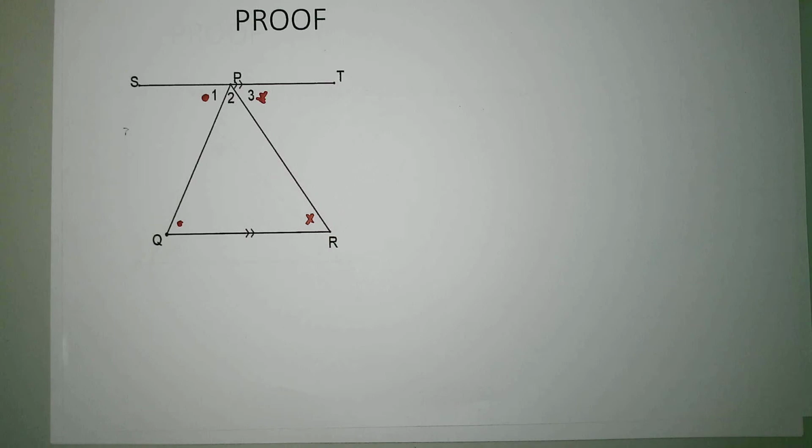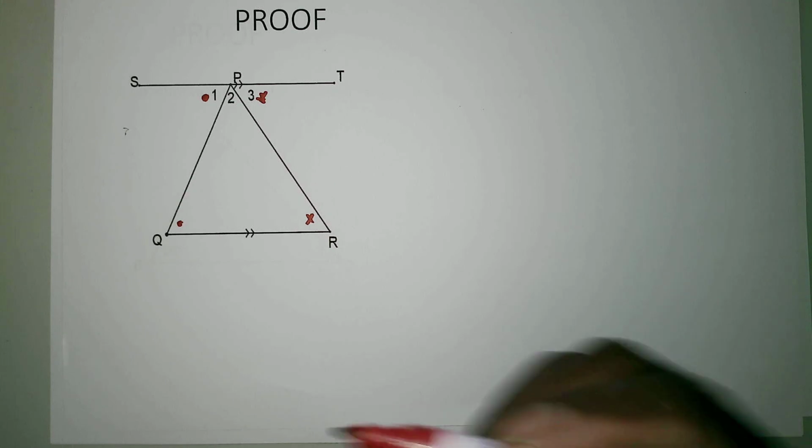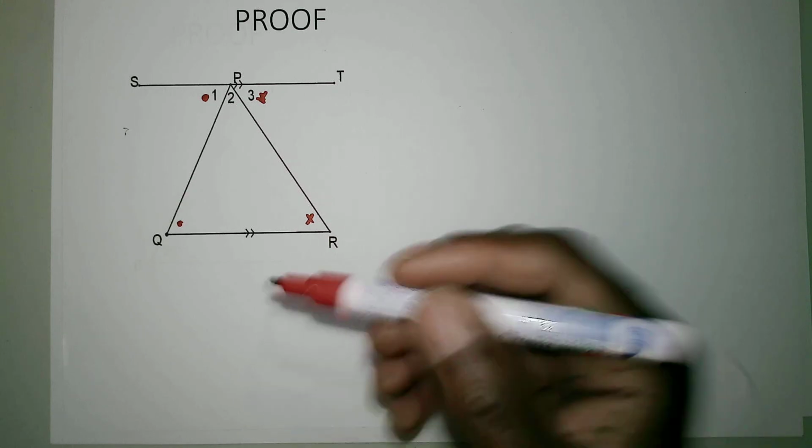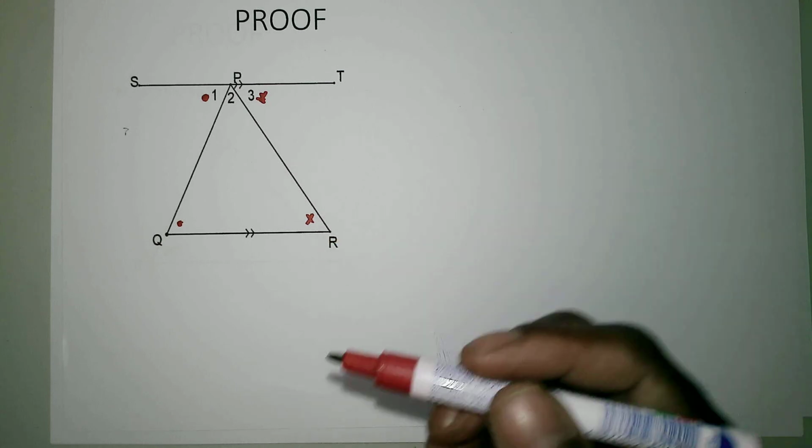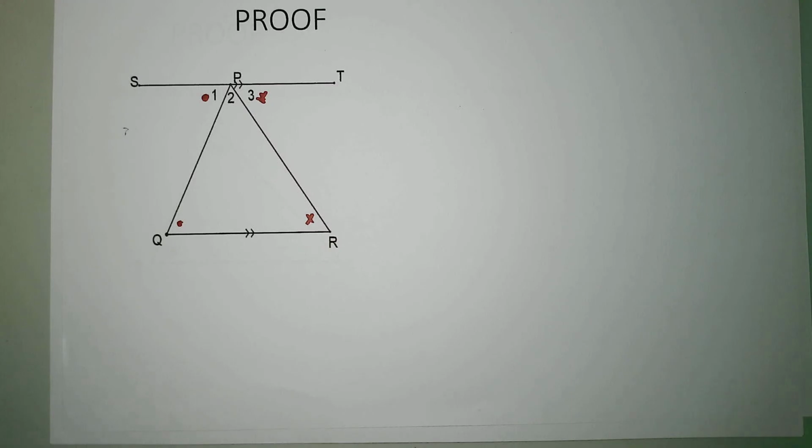This is just to get the given information and what the given information leads us to. In terms of diagram analysis, we are not doing the proof here. It's what we call diagram analysis. So let's come to the proof.